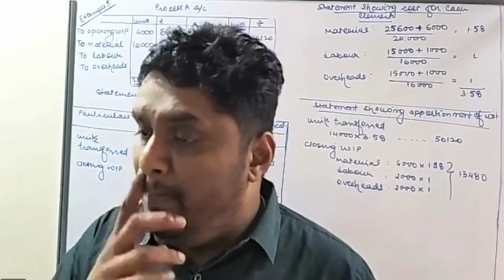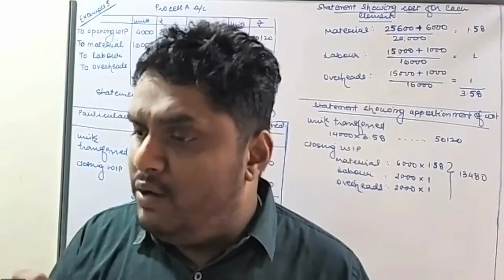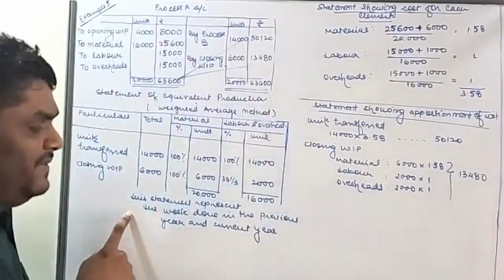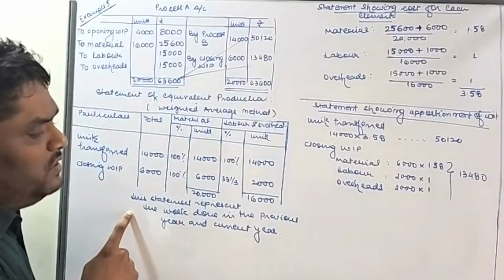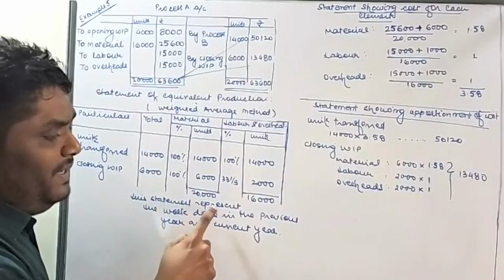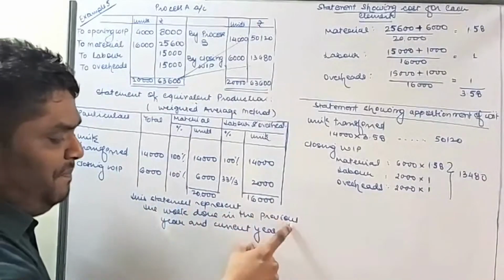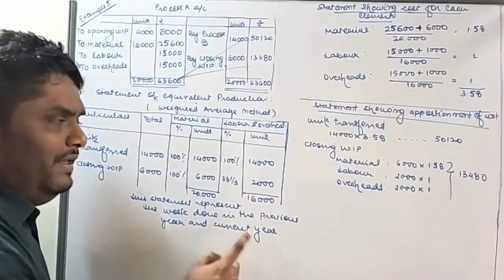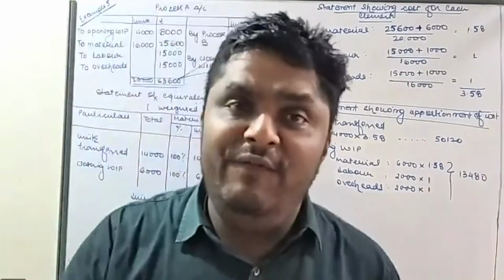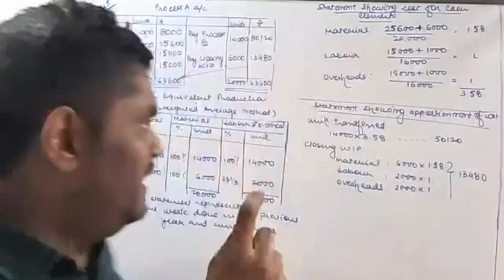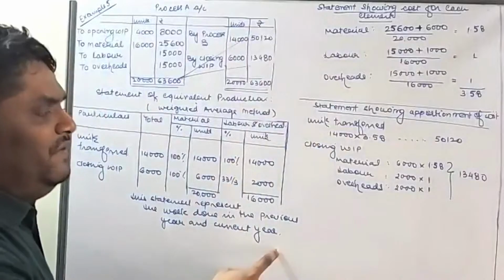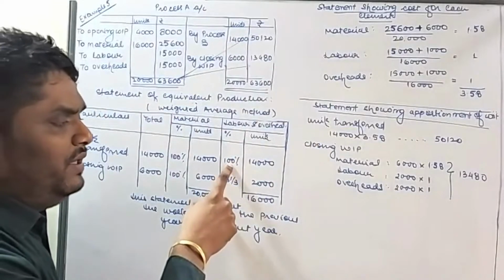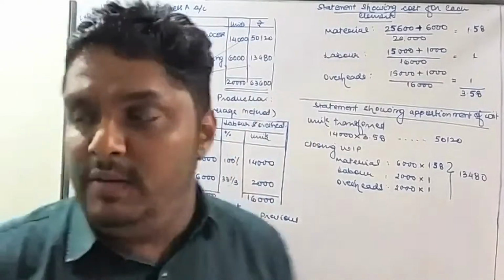See, Mahalakshmi, when talking about this statement, this statement represents what? I have written the explanation also, that this statement represents the work that is done in the previous year and current year. So 75% was work that is done in the previous year and 25% of the work that is done during the current year. So that's why I am taking 100%.